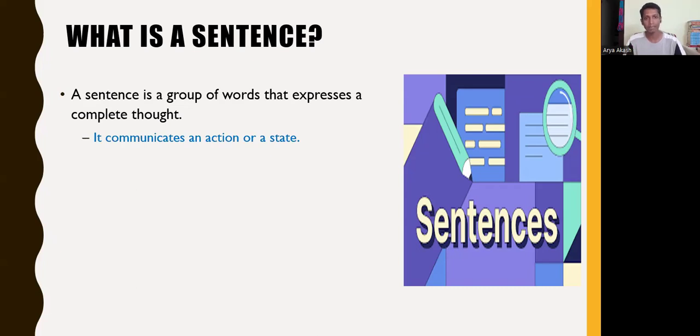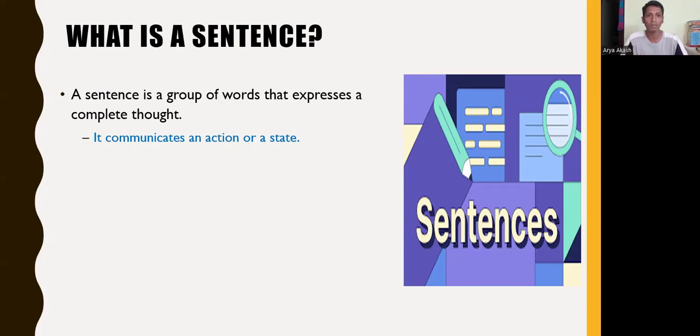Let's remember one thing. When we use a particular sentence, whether it is English, Telugu, Hindi, any language, we use sentences. We use statements. A sentence or a statement both mean the same. The only difference is we use statements to converse, and we use sentences to write. Otherwise, a sentence is a statement.